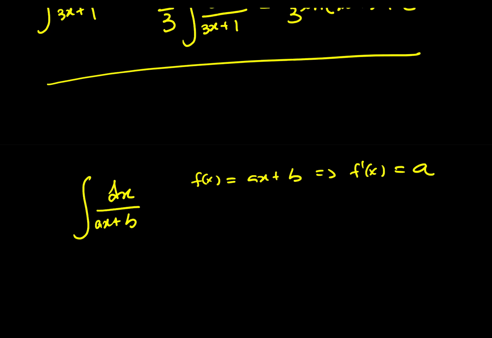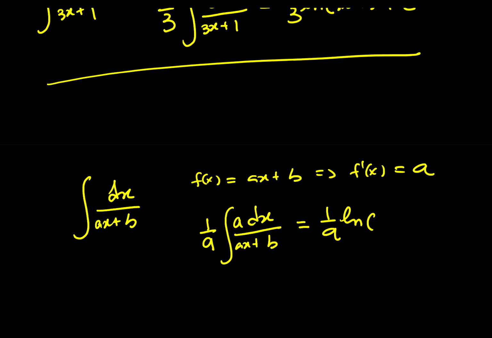Hence, we can rewrite this as 1 over a, the integral of a dx, all divided by ax plus b, which is just going to be 1 over a, the natural log of ax plus b, plus c. And that will be your answer.